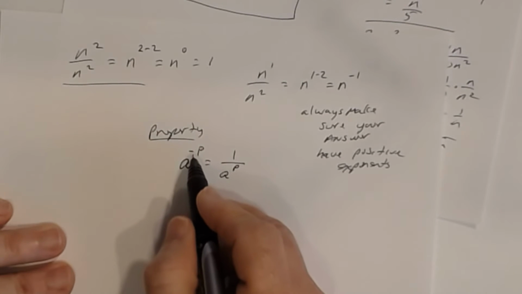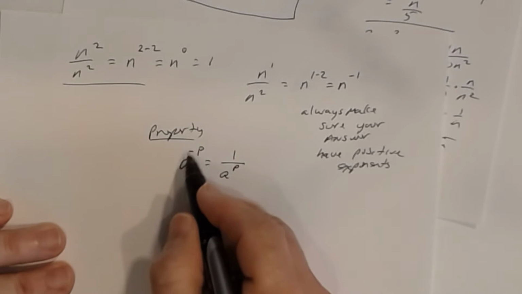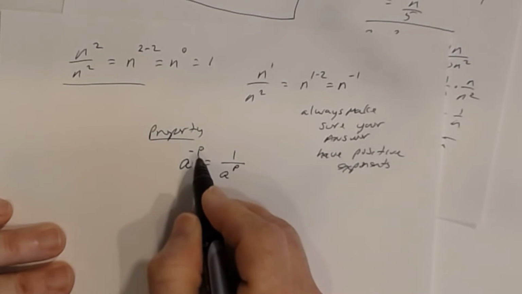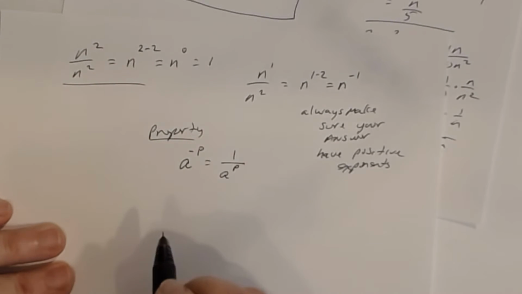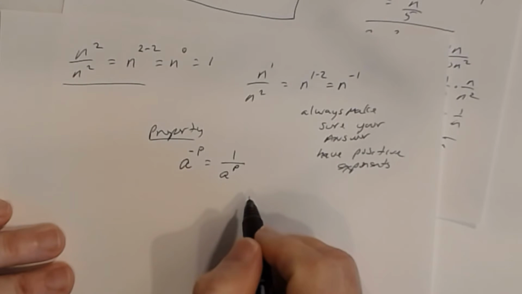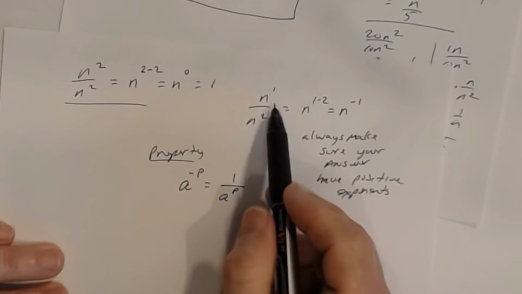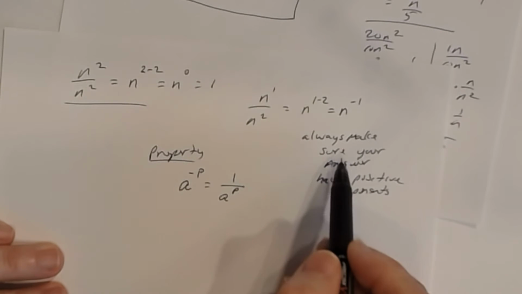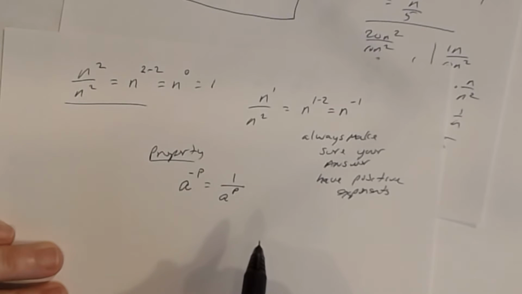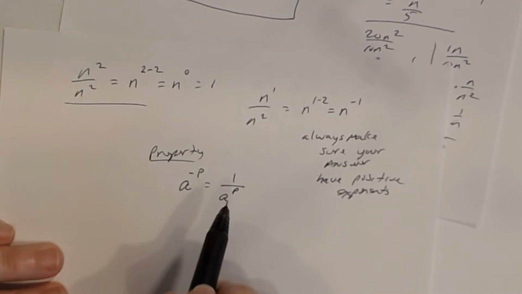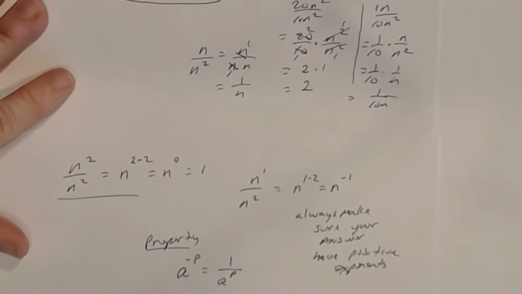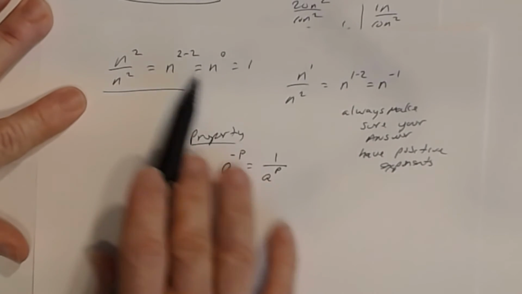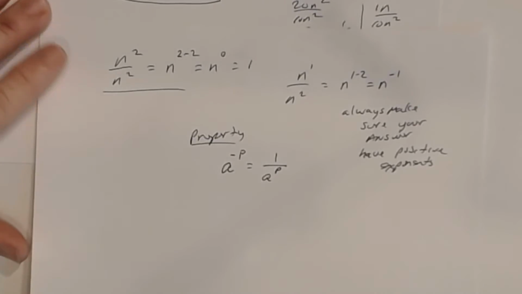So basically, you rewrite this by putting it in the denominator, and notice that the sign of the exponent changed. Negative p became positive p. So if you use that property here and you get a negative exponent, you have to make sure you rewrite it as a positive exponent, because if you leave it, you're not going to get all your points. That's why for some students, it's very helpful if you know this point of view as well, knowing these different properties.